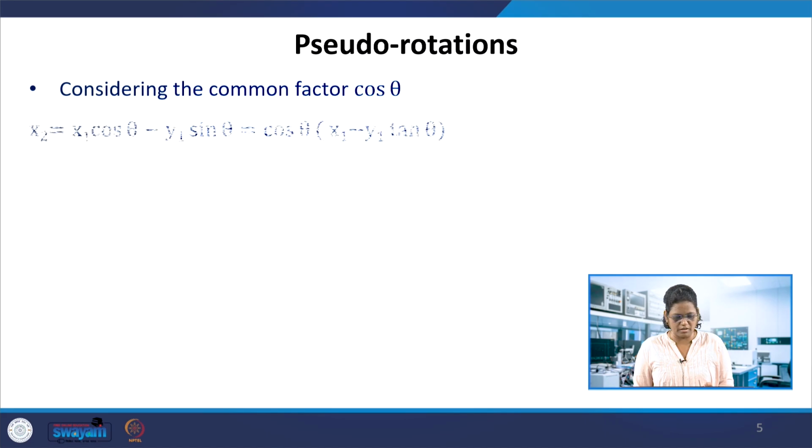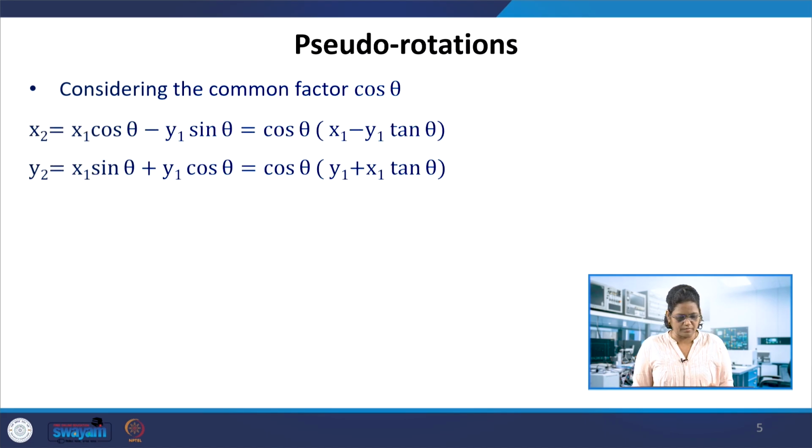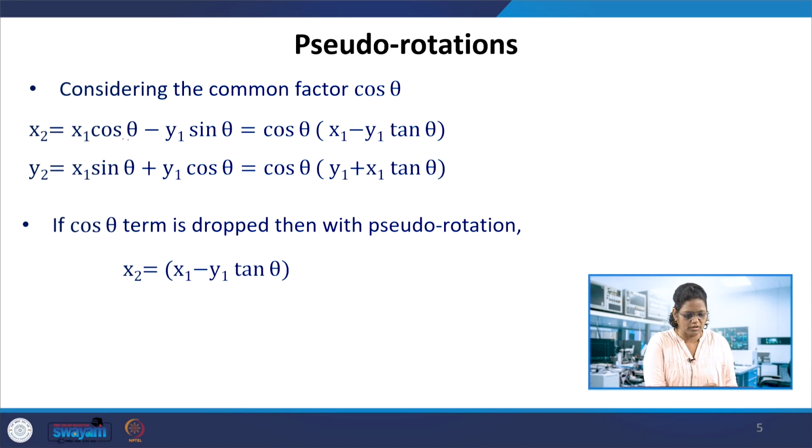Here x2 equals x1 cos theta minus y1 sin theta, in which if you take the term cos theta common from this equation, it leads to x1 minus y1 tan theta. Similarly for the y2 equation, taking cos theta common, it becomes y1 plus x1 times sin theta by cos theta, which again is tan theta.